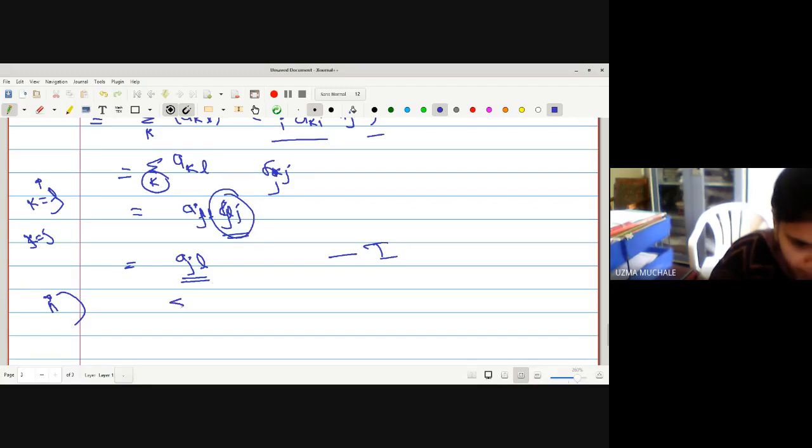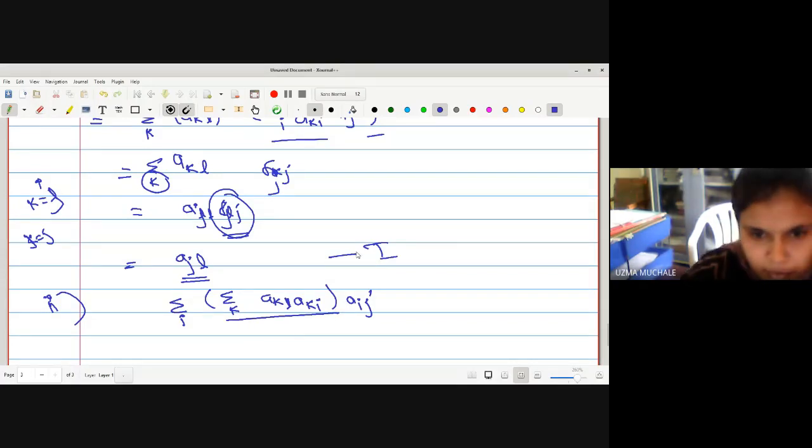For that, let me keep summation over i outside. We will run the summation over k, that is summation over k, akl, aki, and aij dash outside, because we are going to run the summation over k first. So what is the value of this term we have from our above equation?